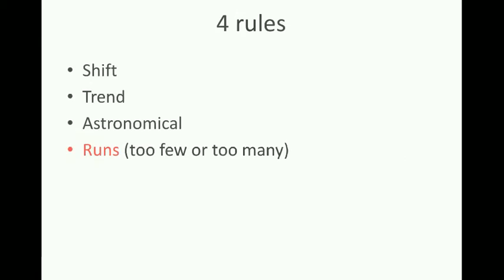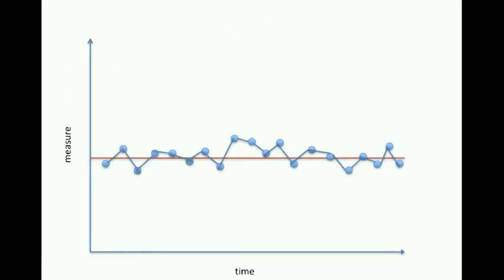The last rule is the least intuitive, but I'll try and explain it to you. It's when there are either too few or too many runs. So a run is having some points on one side of the median line. So at 1 point, that makes one run.